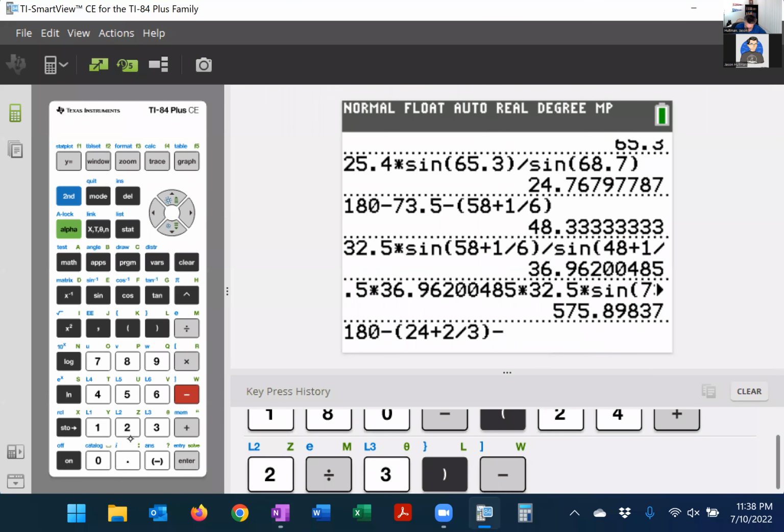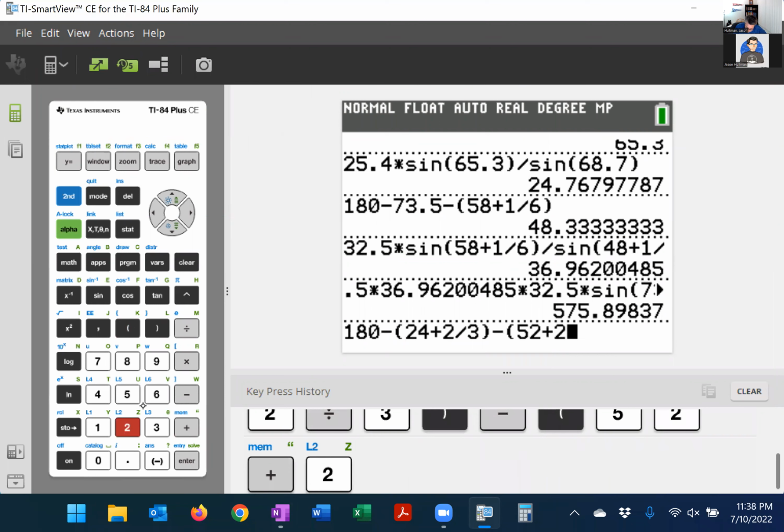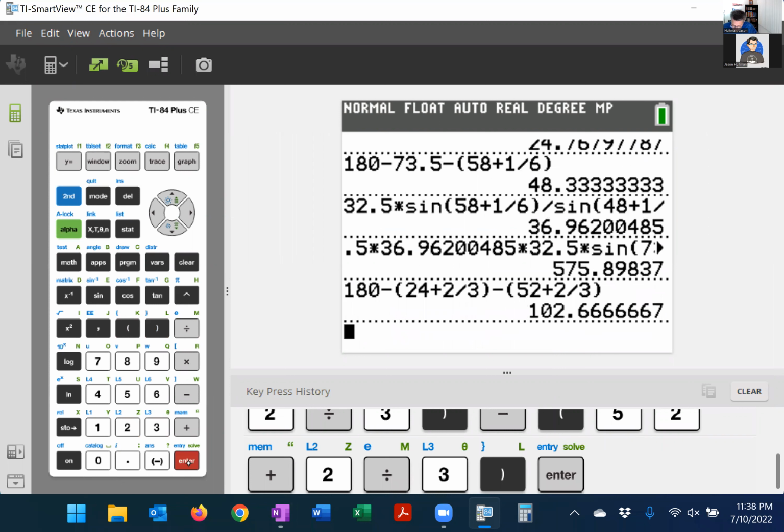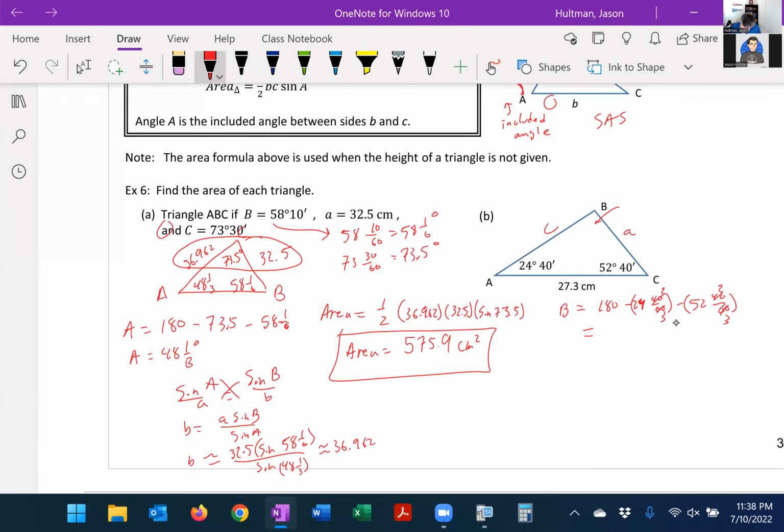So that's 52 plus 2 over 3. And that's 102.6 forever. That's 102 and 2/3. So 0.6 forever is 2/3. So B is 102.